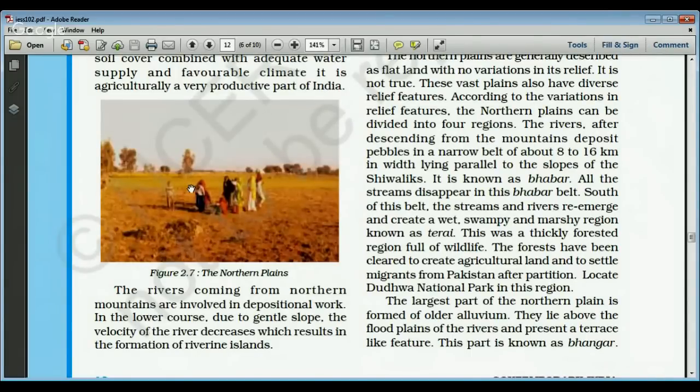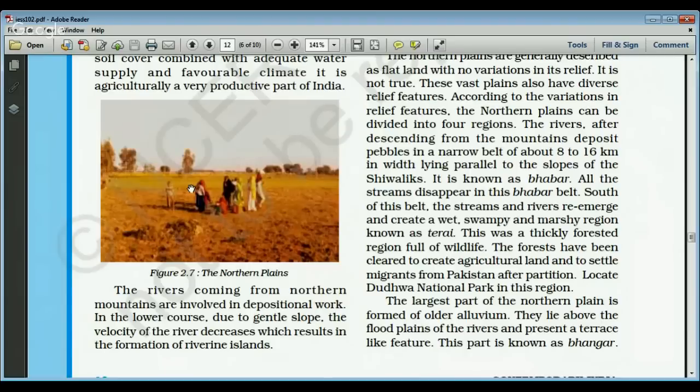If you see in detail, the rivers, after descending from the mountains, deposit pebbles in a narrow belt of around 8 to 16 kilometers in width, lying parallel to the slopes of the Shivaliks, and it is known as Bhabar. All the river streams which pass through this Bhabar region actually disappear. And to the south of this belt, the streams and rivers re-emerge and create a wet, swampy and marshy region.